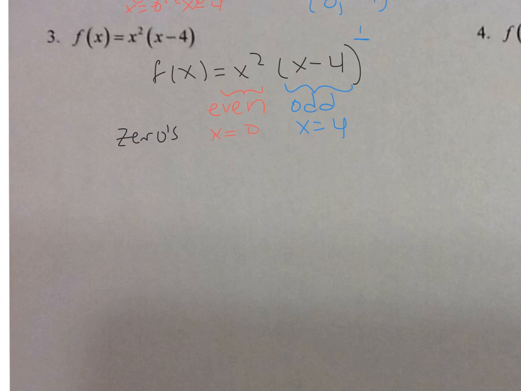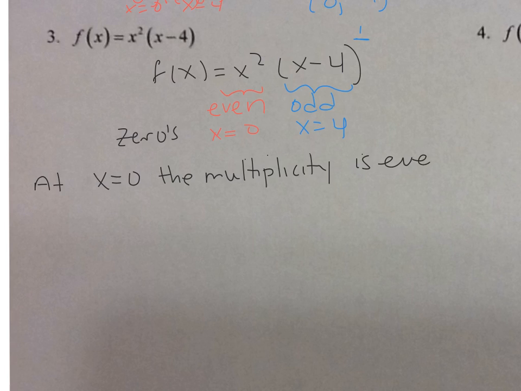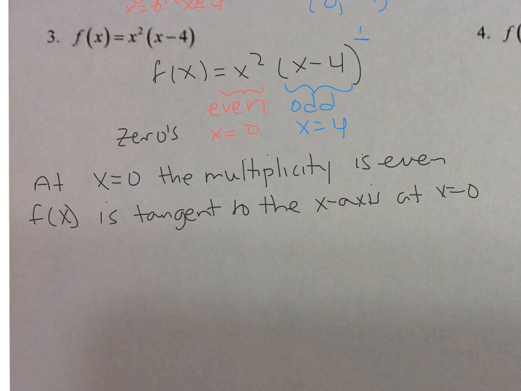So I'm going to start off by writing at x equals 0, the multiplicity is even. So f of x is tangent to the x-axis at x equals 0.